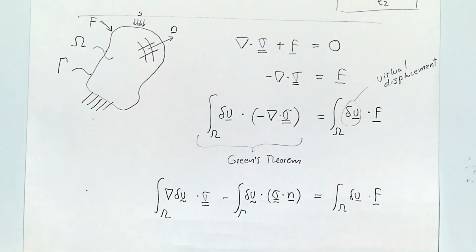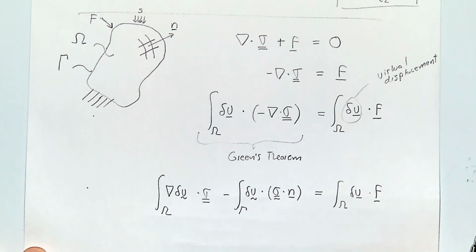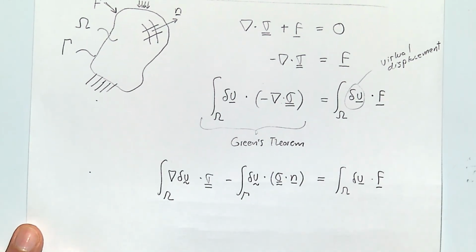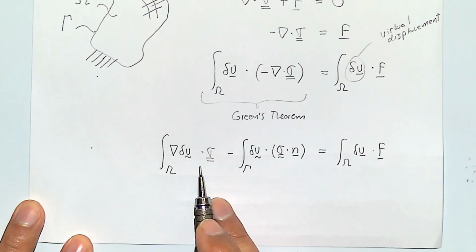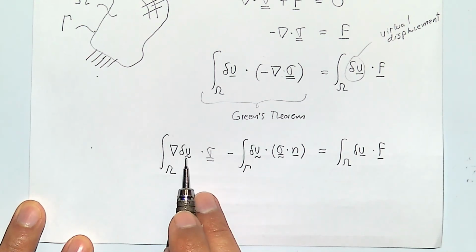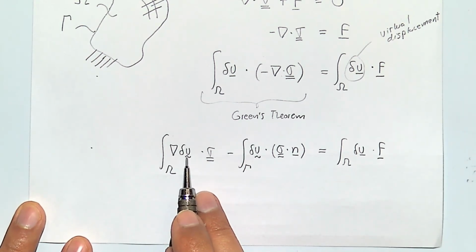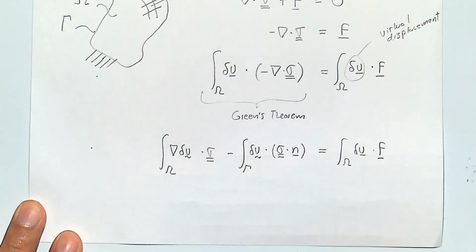Okay, so from here, what I'm going to do is I'm going to write this term a little bit differently. What is the gradient of a displacement? You remember how we derived the kinematic equations?